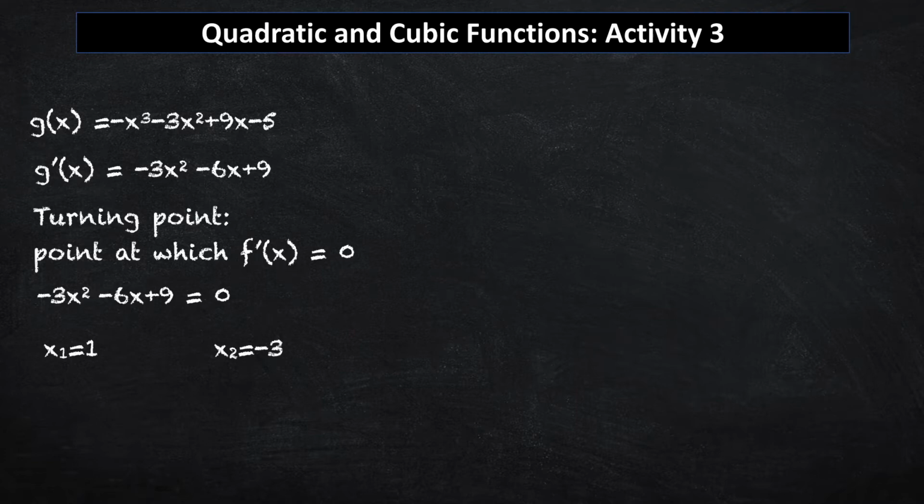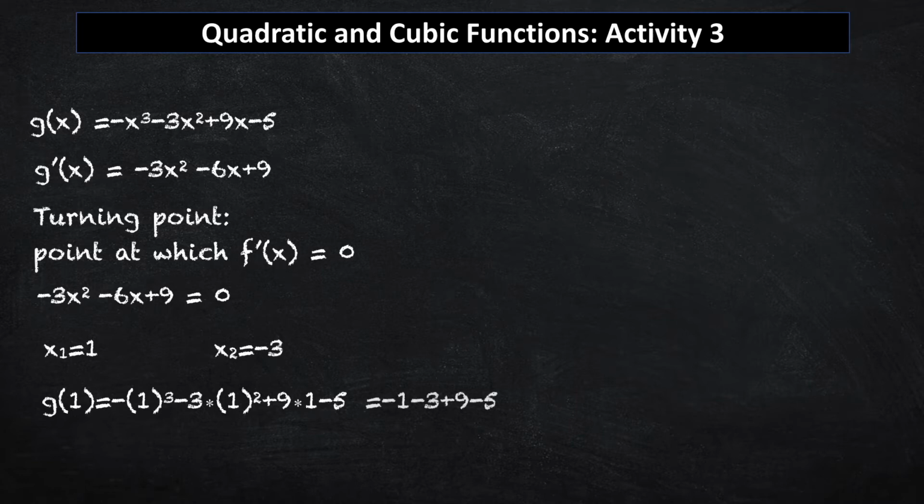Now we compute the corresponding y values. So for the first one, we have to compute the function g at the point x equal to 1. So it becomes minus 1 to the power of 3, minus 3 that multiplies 1 to the power of 2, plus 9 that multiplies 1 minus 5. And if we do the math, this becomes minus 1 minus 3 plus 9 minus 5, which is equal to 0.